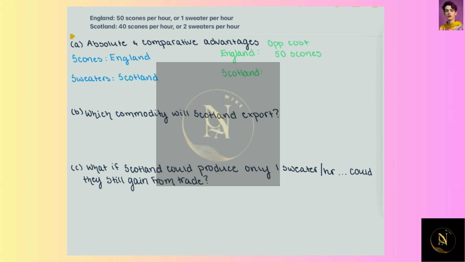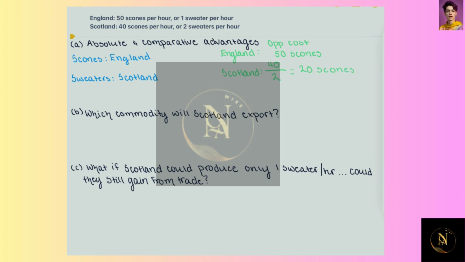So in those 30 minutes, how many scones could they have made? Well, 30 minutes is half of an hour, so those 40 scones that they can make in 1 hour need to be divided in half. We could also look at this as the 40 scones per hour divided by the 2 sweaters they can make in an hour, which gives us the opportunity cost of 20 scones.